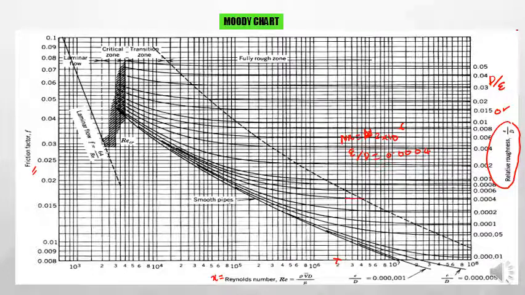This is the line here, and it goes along here. Since your Reynolds number is here, this is the line for Reynolds number 2 times 10 to the power of 6. So this is the cross section. You just need to bring it towards the y-axis where you can get F. So here F equals 0.016. That's it.